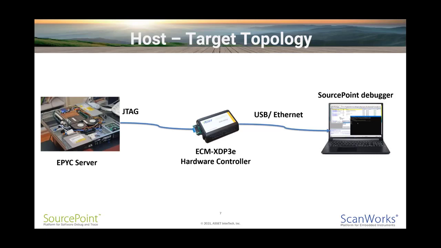And that in turn is local and connected over JTAG and some sideband signals, the HDT interface, with the EPYC server. For the demonstration, we're working with an AMD Rome platform. It's a CRB, customer reference board, called the Ethanol X, which people might be familiar with.